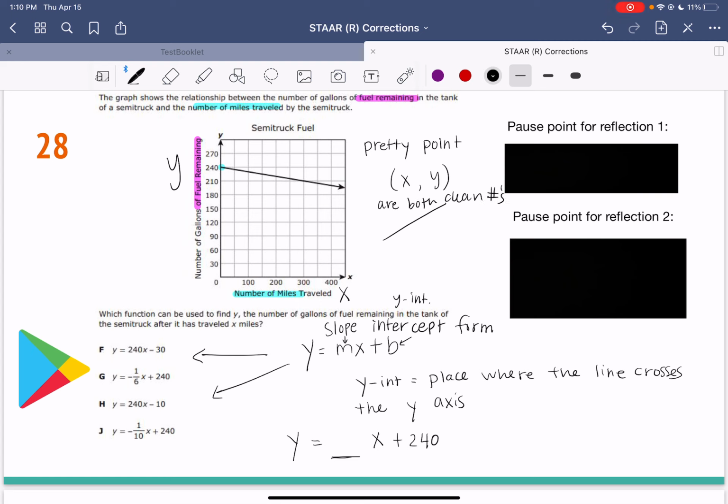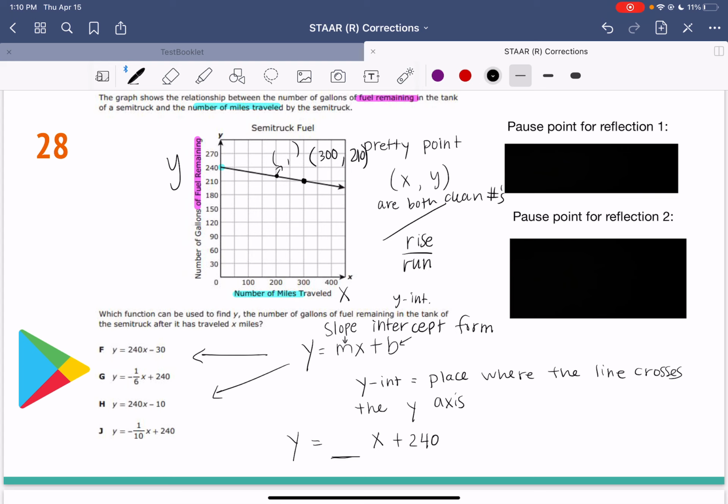Clean numbers, I don't mean like squeaky clean. I mean no decimals. Like here, for example, this is the coordinate pair 300, 210. So it's a pretty point, whereas if I were to draw a point here, there is an xy coordinate, but this coordinate pair would be messy. So we're looking for clean, pretty points when we're finding the rise over run. So now we're going to find the rise over run.